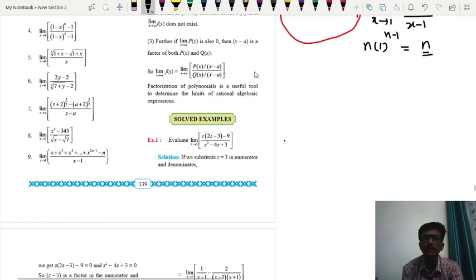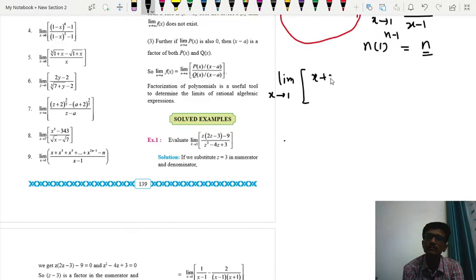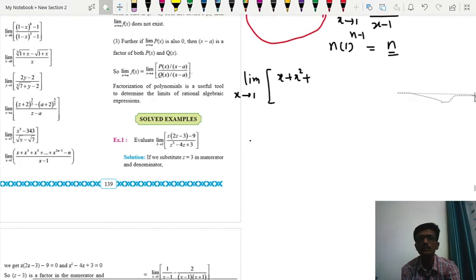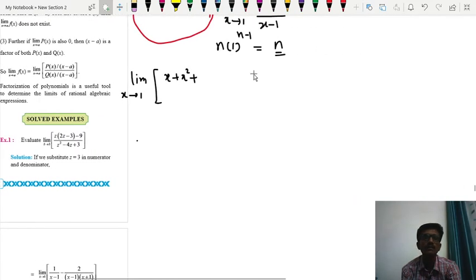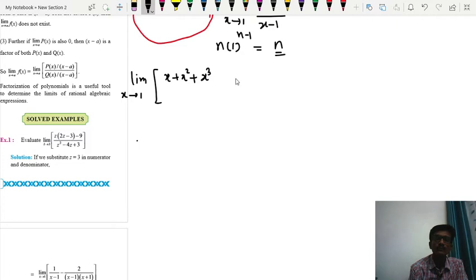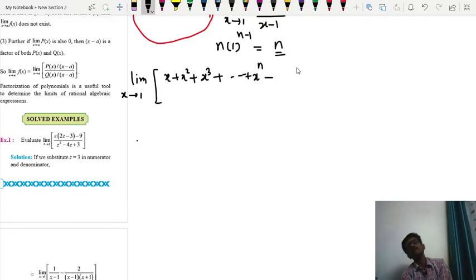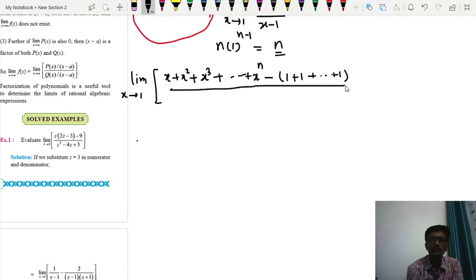Now we can write this as limit x tends to 1, x plus x square plus x cube plus up to x raised to power n minus, n we can write as 1 plus 1 plus up to 1, n times, upon x minus 1.